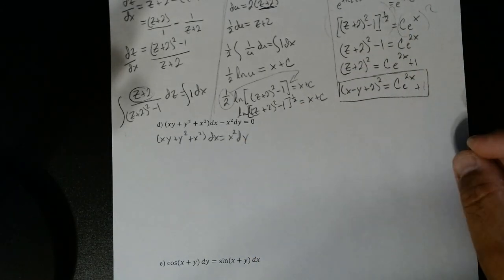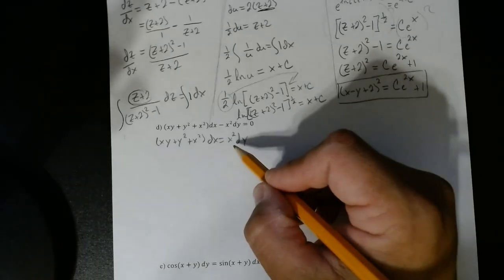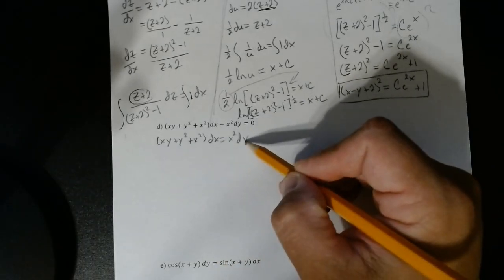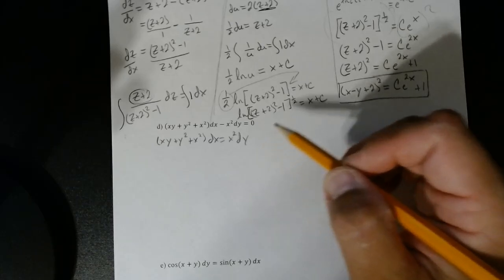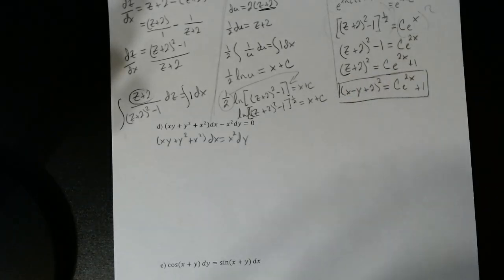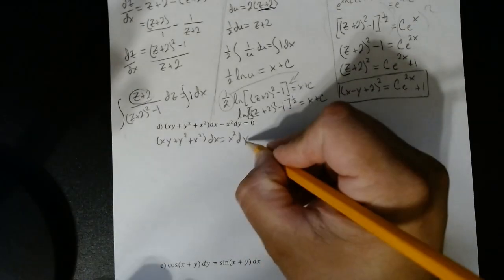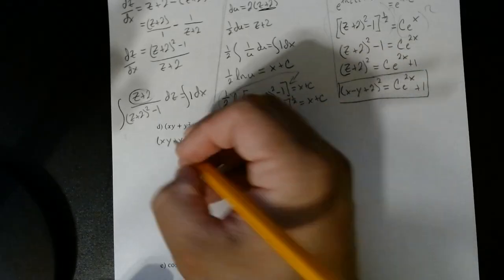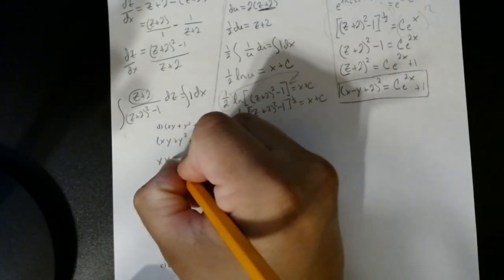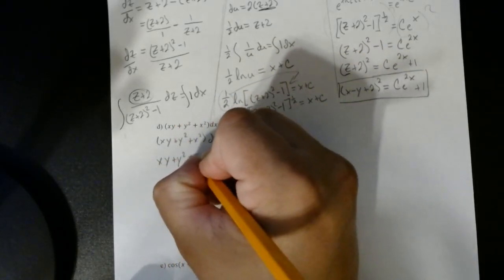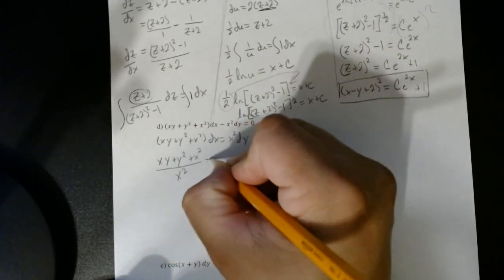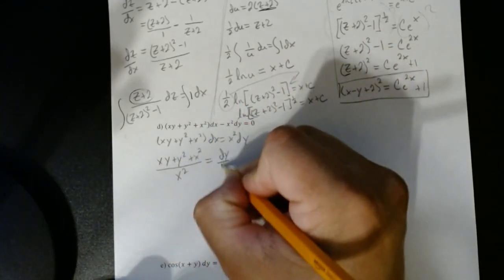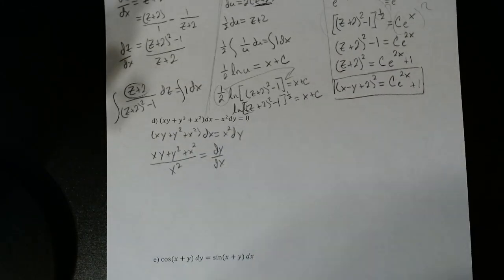Okay, so now if we just divide everything over, meaning divide the dx over and divide all of this over there, and let's see what we get. Okay, so we want dy dx, so divide.